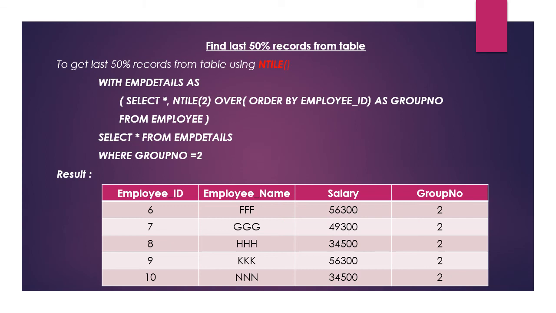Next, we move to get last 50% records from the table. One way to achieve this is first write query of getting all records from the table, then write minus operator, and then write our first query of getting first 50% records from the table using percent value.